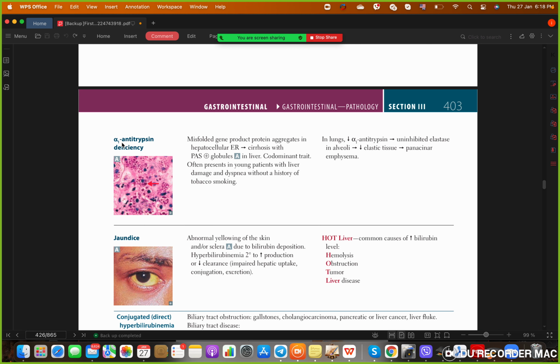This enzyme helps us to inhibit the function of something called elastase. What is elastase? It ends with an -ase, and anything that ends with an -ase is an enzyme, okay? So since it is an enzyme, absolutely, it's an enzyme.